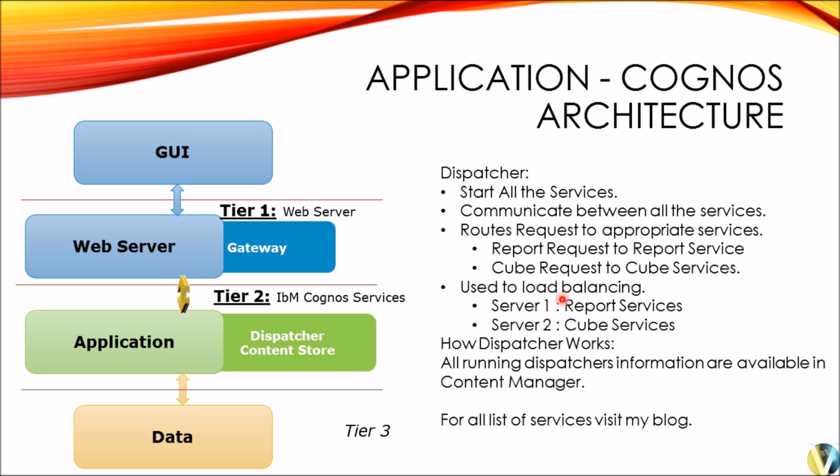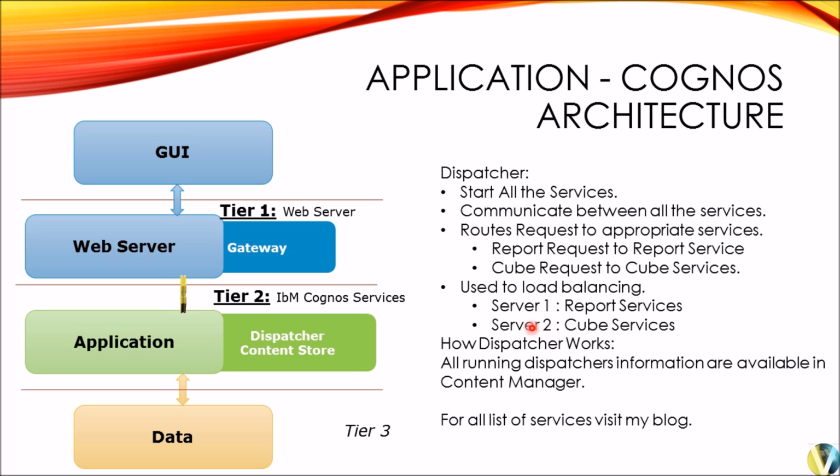It is also used for load balancing. How? Let's say my application server is physically divided into different servers. Server 1 has report related services installed, and server 2 has cube related services installed. So here we learn that the dispatcher is responsible for routing requests to the appropriate services.